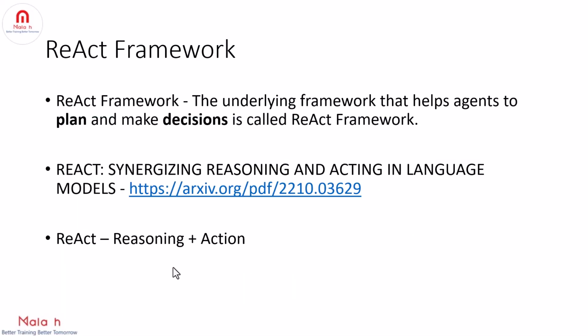Essentially, RE stands for reasoning and ACT stands for action. So by using the ReAct framework, agents will be able to interact with the external world and also plan and reason.